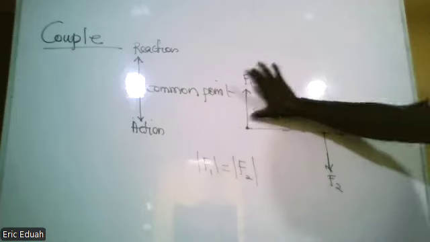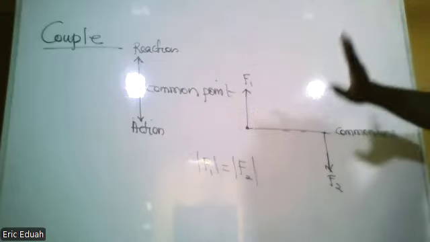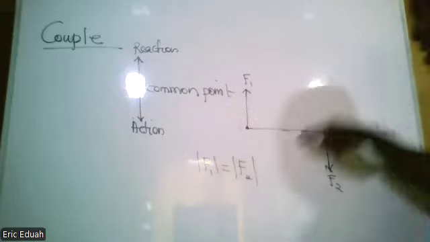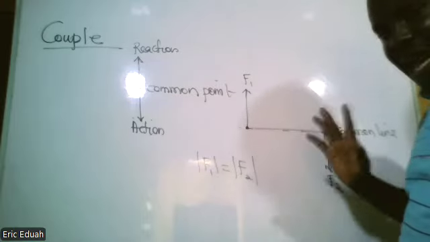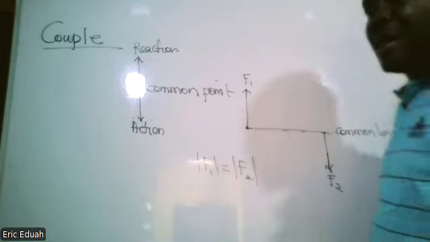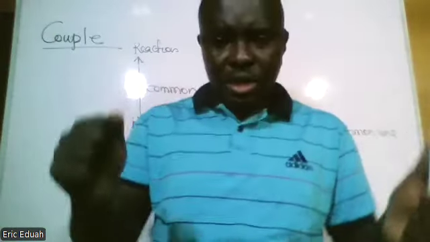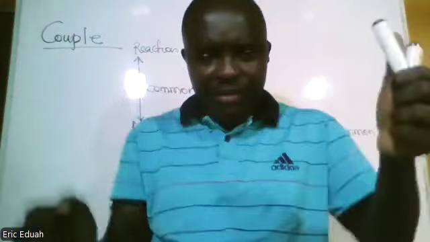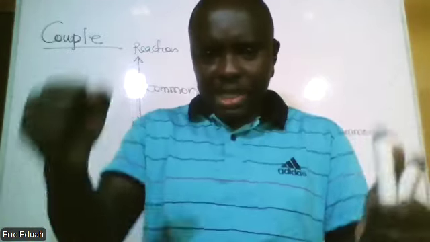So equal forces of the same magnitude, but acting in opposite directions along a common line, create a couple system. An application of such couple systems in physics is, whenever you are steering a wheel, driving, you hold the ends of the steering wheel.